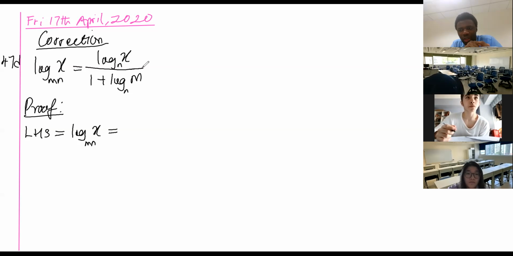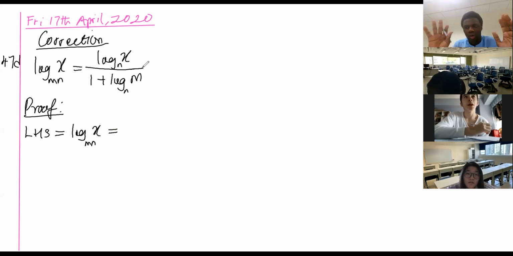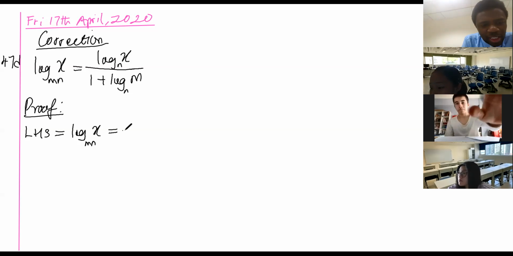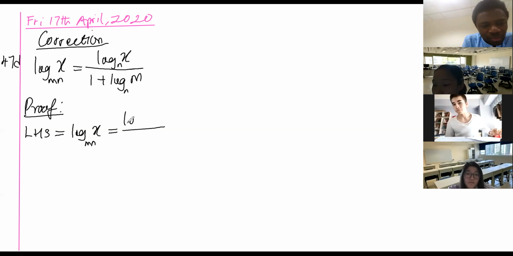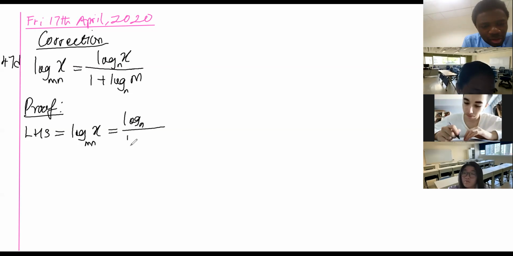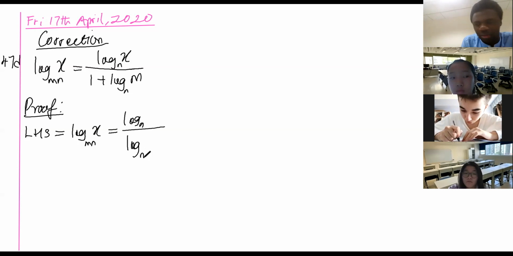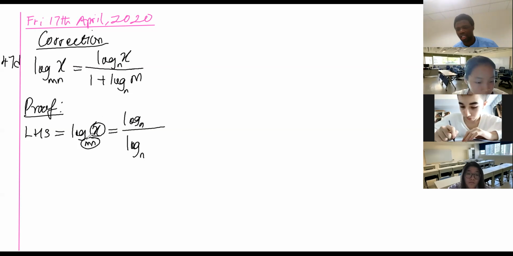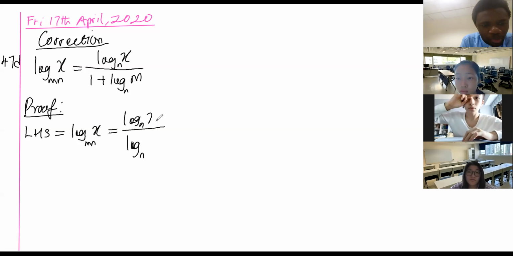If you look at the right-hand side, base n. So that's your goal. Change to base n. So just apply change of base. If you are changing to base n, it's going to be log base n in both, and at the numerator we have this, denominator we have this. Isn't that the change of base principle? Does everybody get this? Please, I need a response.